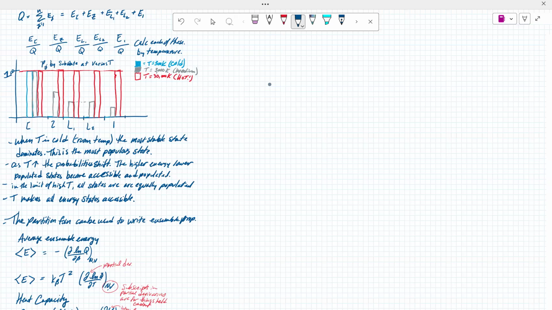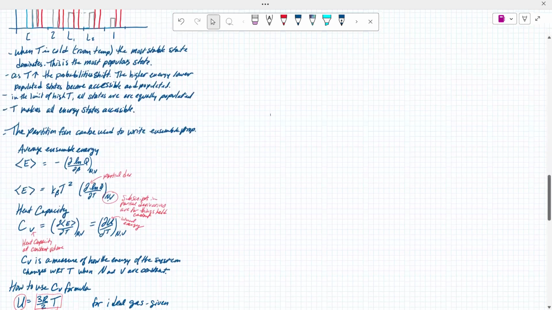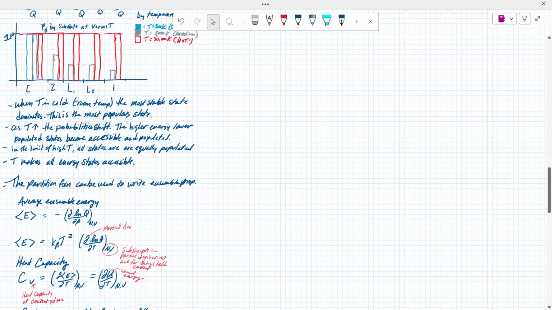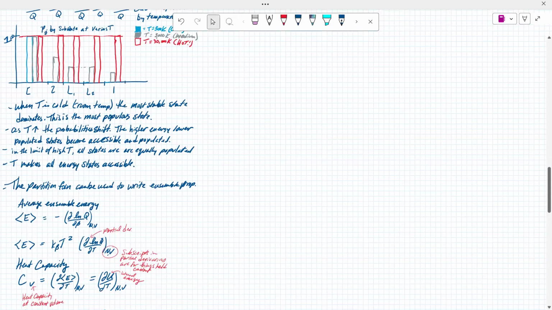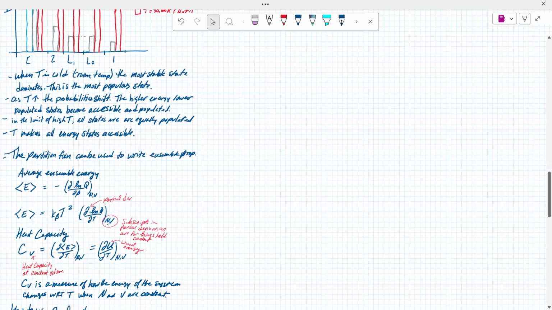The ground state is always accessible, but the other substates start to grow in and have some appreciable population proportional to their energies, which we were able to calculate with the bead model. So when the temperature is cold, we have a single stable substate, and as the temperature increases, we have the ability to grow into some of the other conformational substates.